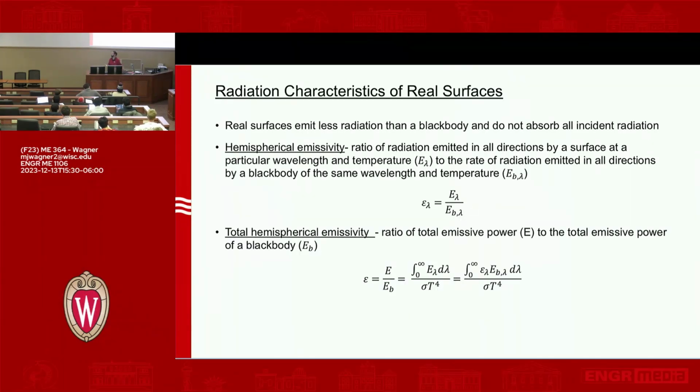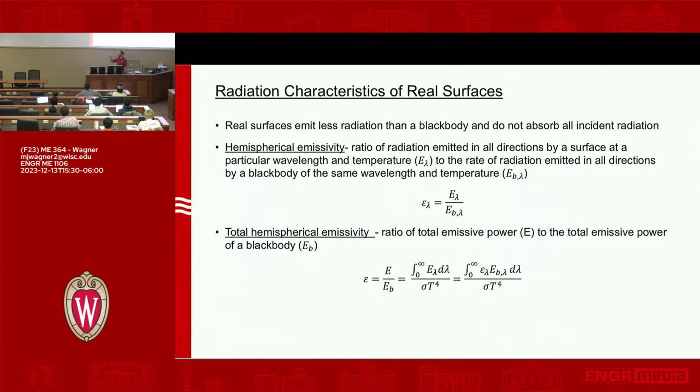If we say that there's no wavelength dependence and no directional dependence, then we get back this total emissivity here, which is just the ratio of the two, the integral over all wavelengths over the black body, which is the one we're familiar with here. So there are these different levels of detail.